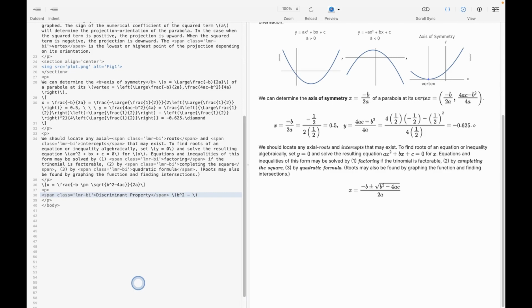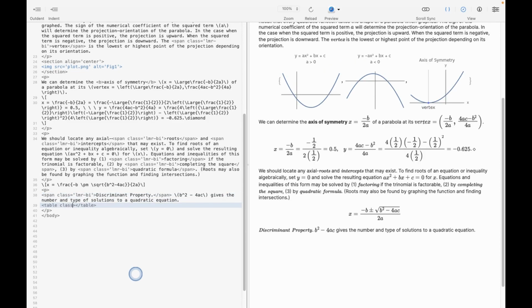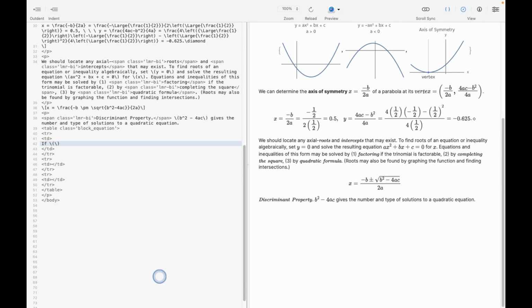Now, we're just going to apply the discriminant property, which gives the number and type of solutions of a quadratic equation or inequality. If b squared minus 4ac is greater than 0, then the quadratic equation or inequality has two distinct real solutions.